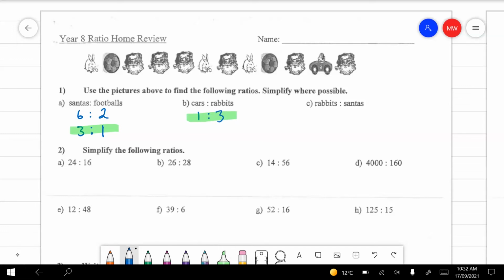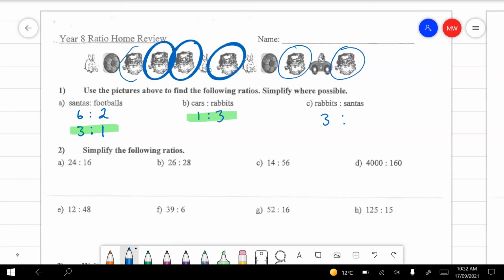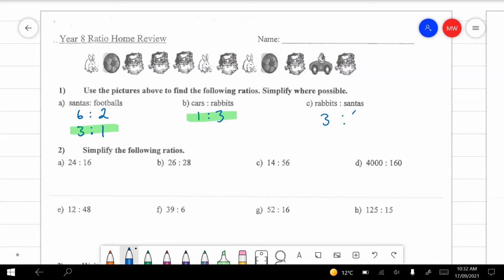And then rabbits to Santas, I can see 1, 2, 3 rabbits, and I can see 1, 2, 3, 4, 5, 6 Santas. This one we can simplify, can't we? 3 will go into 3 once, and 3 will go into 6 twice. So my final answer is a ratio of 1 to 2.